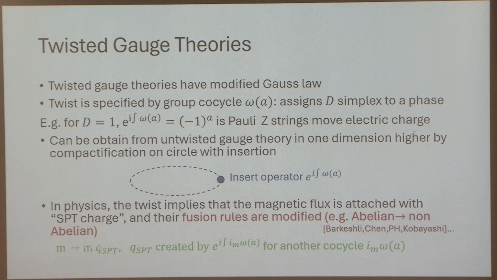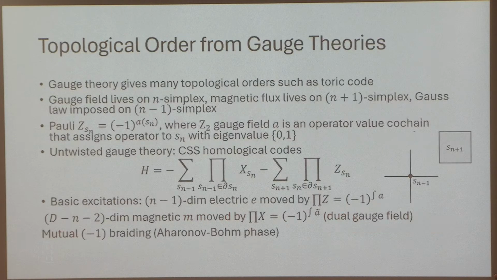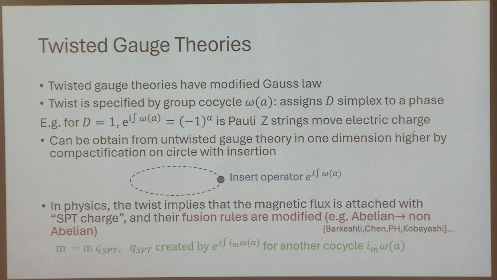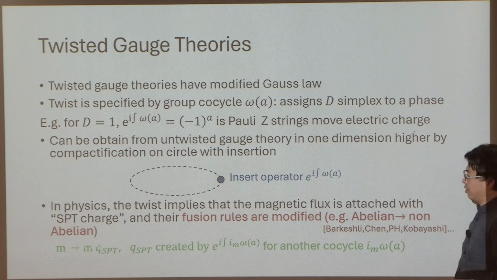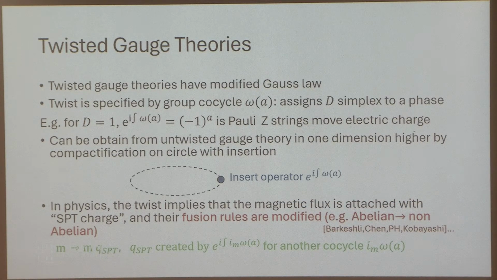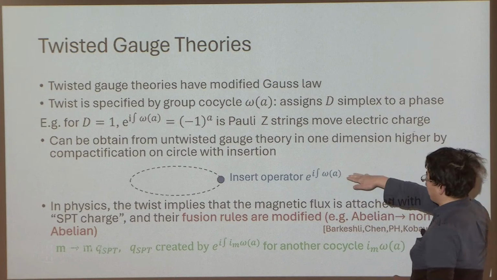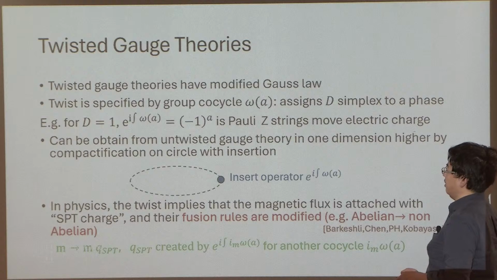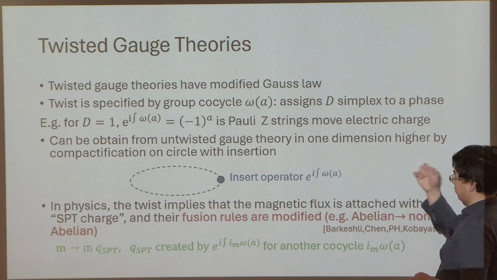One way to think about this model is by dimensional reduction. You start with a model in one dimension higher, which is described by this simple model, and then you reduce the model on a circle, but with an insertion of an operator on the circle. You want to insert a domain wall when you do the reduction, and this domain wall has an operator which can be described by some cocycle for the gauge field.